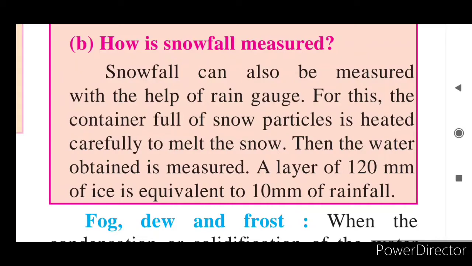The water obtained is then measured. A layer of 120 millimeters of ice is equivalent to 10 millimeters of rainfall.